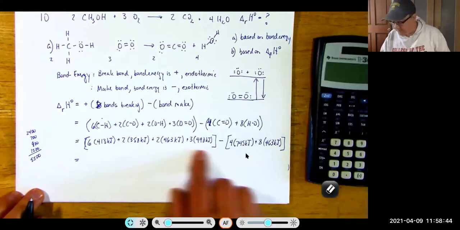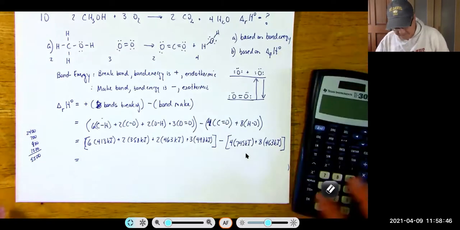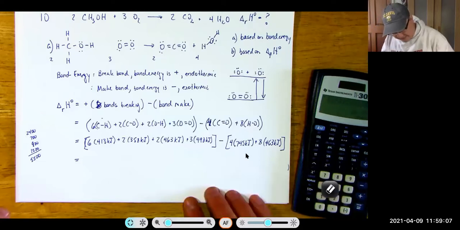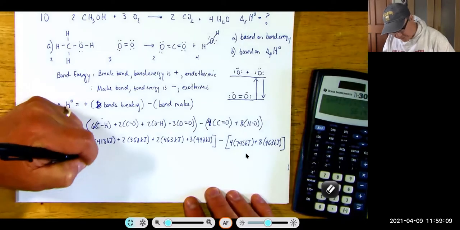roughly. So I'm going to figure out what that is off of my calculator. And I get 5,614 kilojoules.